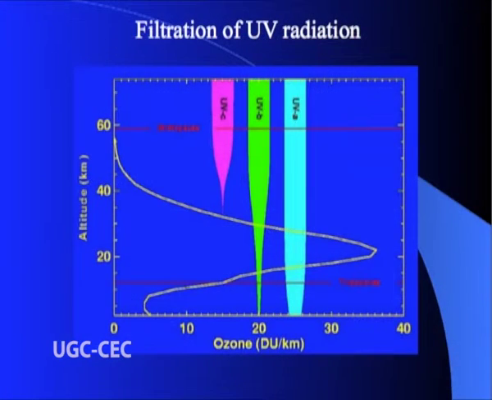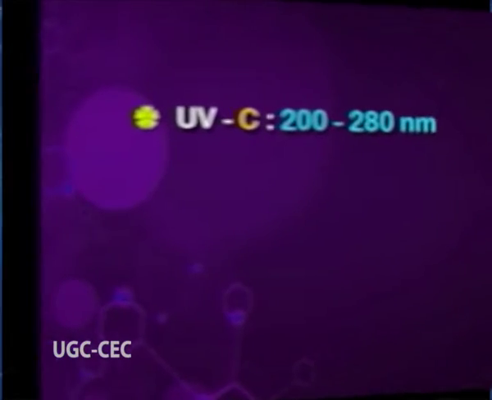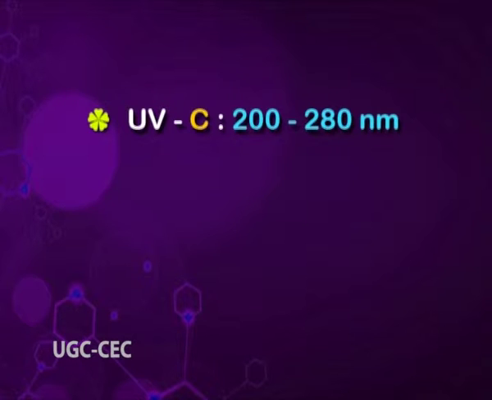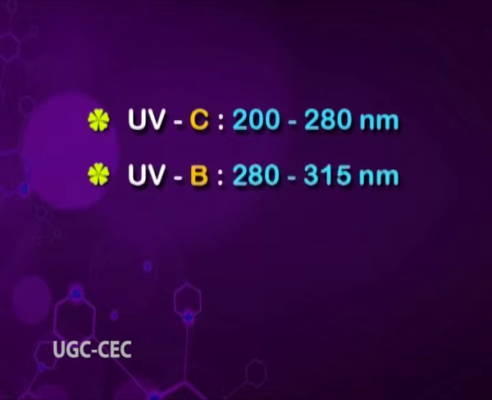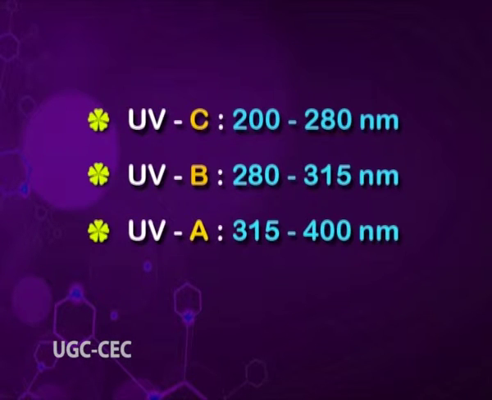The ultraviolet part of the sunlight has three components: UVC 200 to 280 nanometers, UVB 280 to 315 nanometers, and UVA 315 to 400 nanometers.